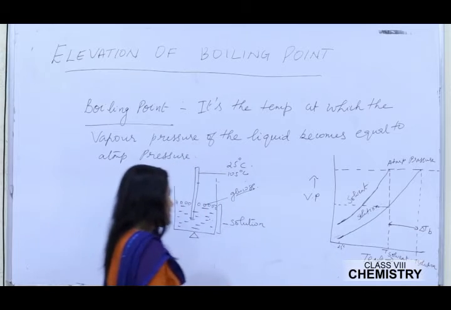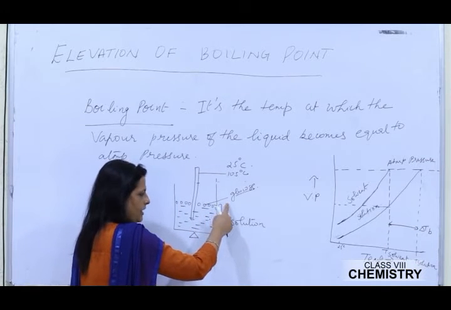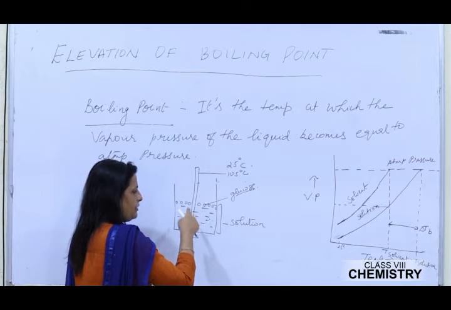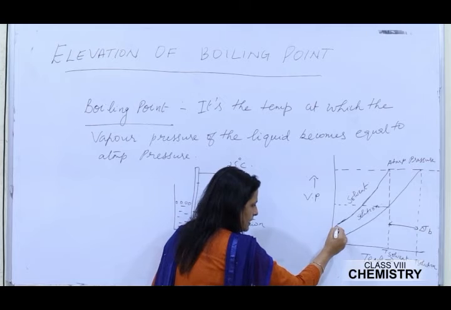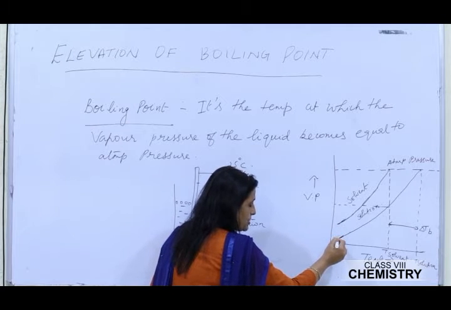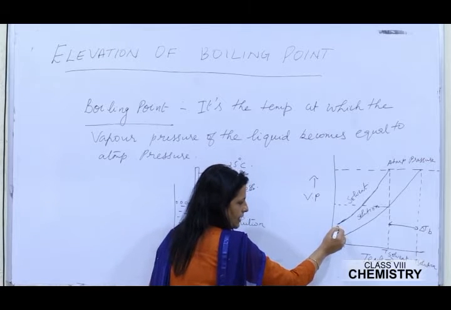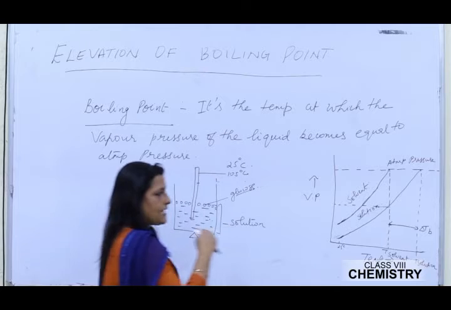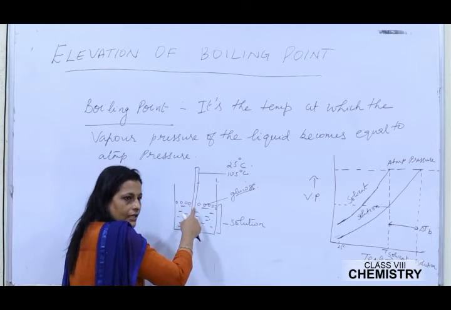Now you are just cooling it, and then you are adding non-volatile solute, say glucose. And you are doing the same process. You are noting the vapor pressure at 25 degrees C. What do you observe? The vapor pressure of the solution at 25 degrees C is less than the vapor pressure of pure solvent at 25 degrees C. Why is it less? Because the escaping tendency of the solvent is decreasing when you are adding a non-volatile solute.